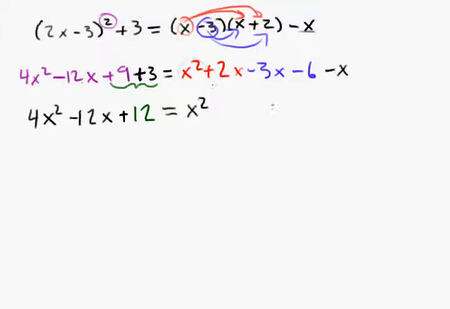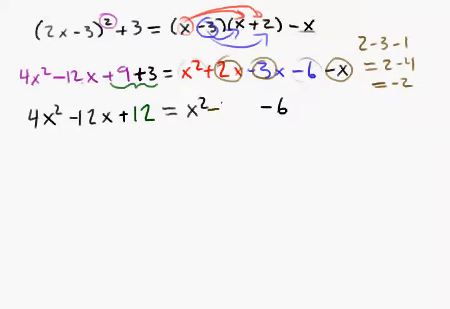I can't combine negative 6 with anything, but I certainly can combine all three of these guys. That's 2 minus 3 minus 1. That's 2 minus 4, a negative 2. Minus 2x.